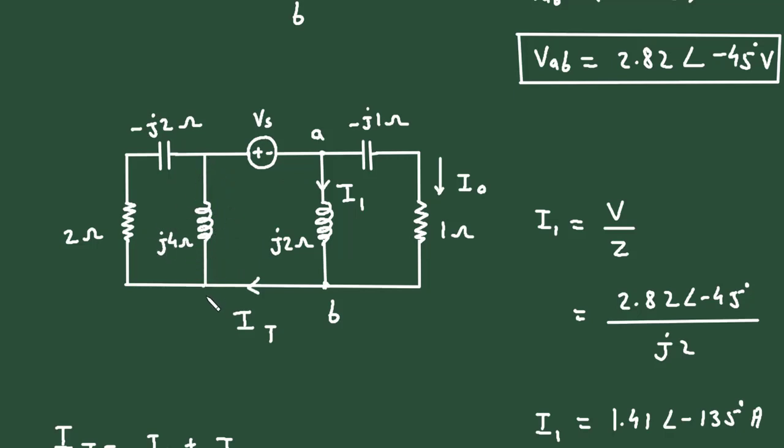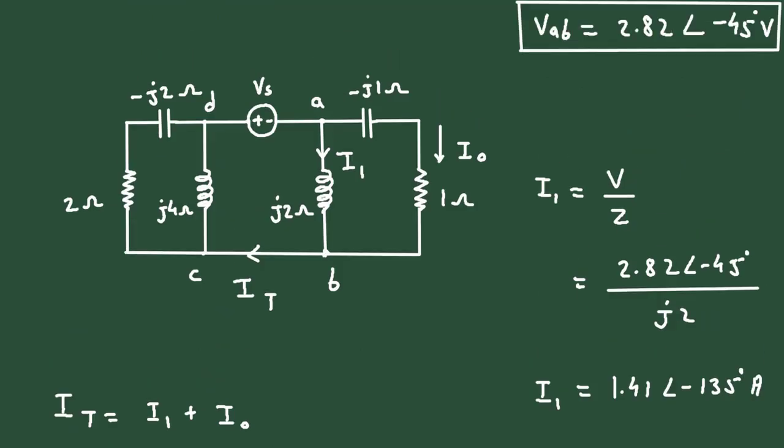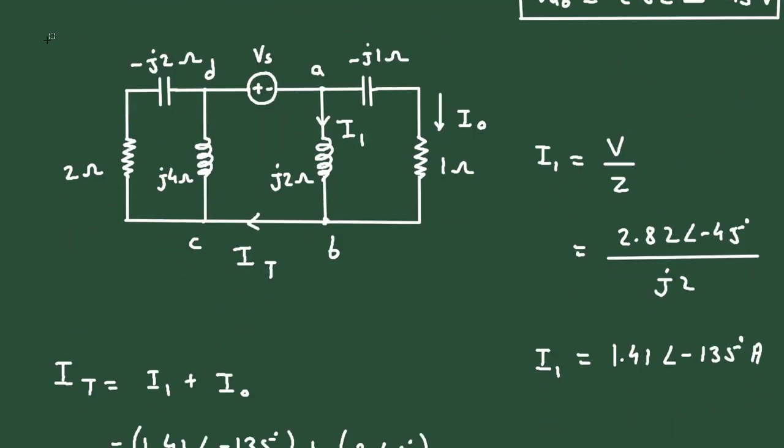Let's say this is terminal C and this is terminal D. First of all, let's find its equivalent impedance. Here this 2 ohm and minus J2 are in series, and it is in parallel with this J4. So impedance Z is equal to, let's again copy the circuit from here and paste it there.